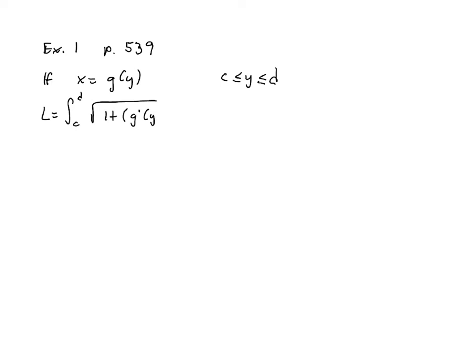If instead you have x given as a function of y, then the arc length is the integral from c to d, where c less than or equal to y less than or equal to d is my range, of the square root of 1 plus g prime of y squared dy.